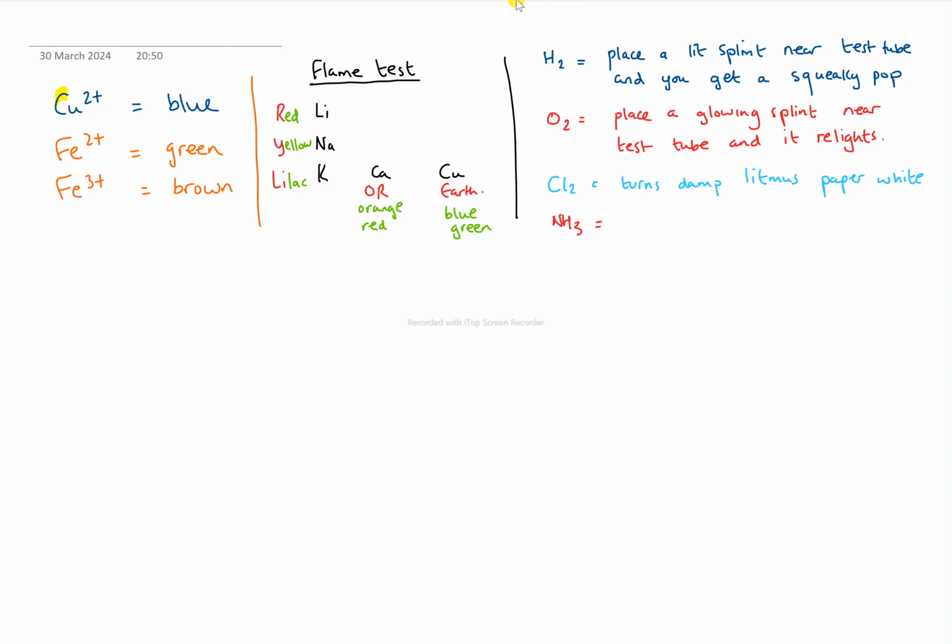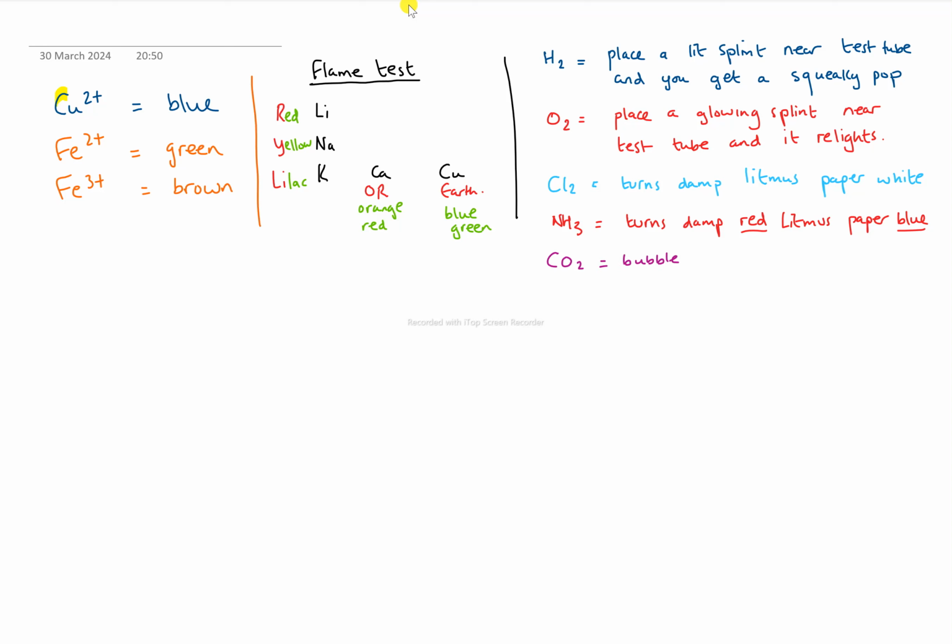Ammonia turns damp red litmus paper blue. So that's showing that it's alkali.